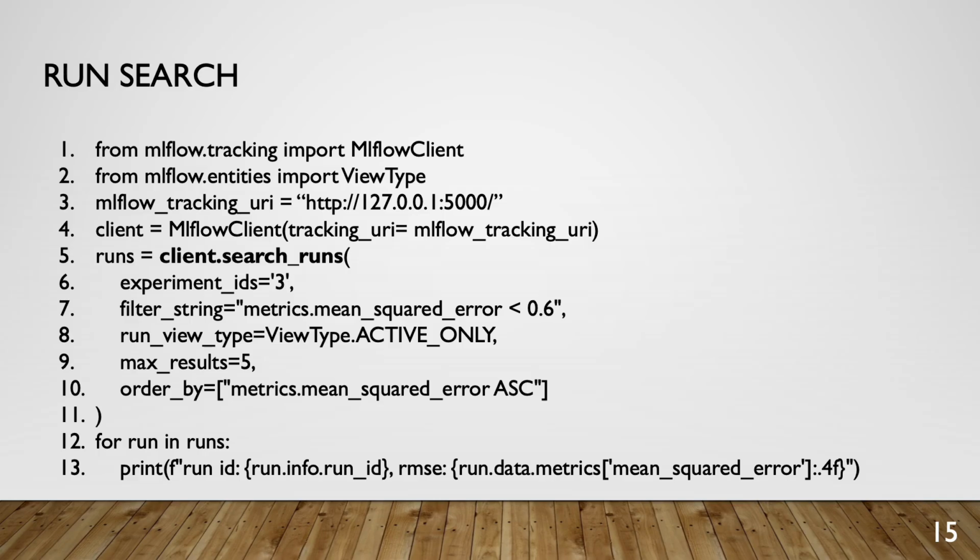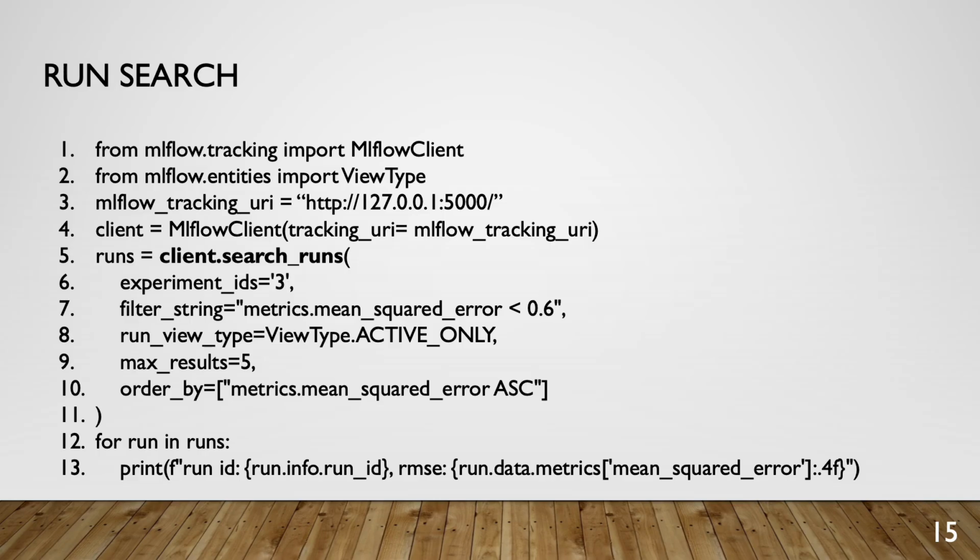First, you have to set your tracking URI, and then using these filters, you can define a search criteria like an experiment ID, other filter strings like a condition for your metrics, and also you can define the maximum results and in which order the results should be returned.